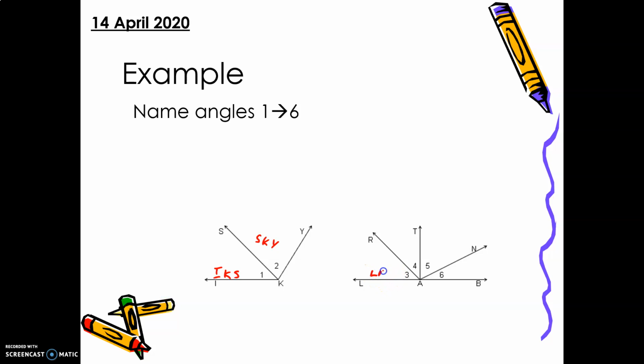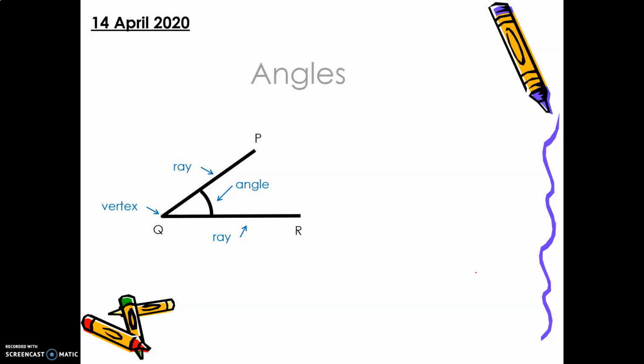We've got LAR, RAT, TAN, and we've got NAB. Now obviously you could have reversed those as well. So hopefully you got those right. I'm sure you did.